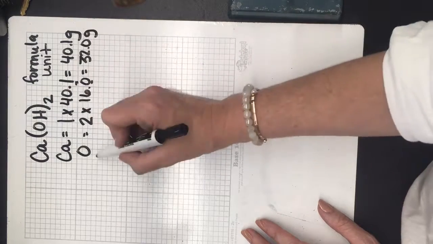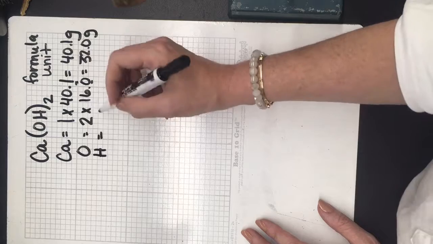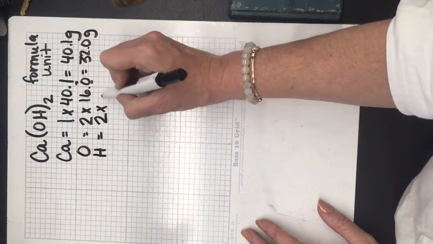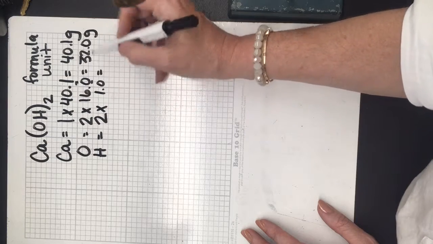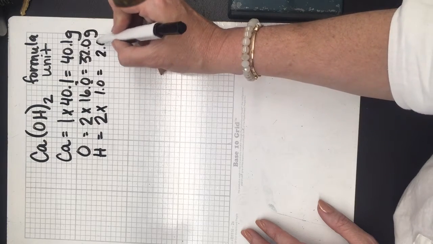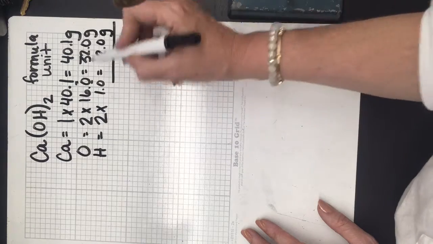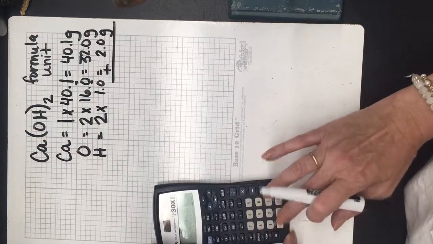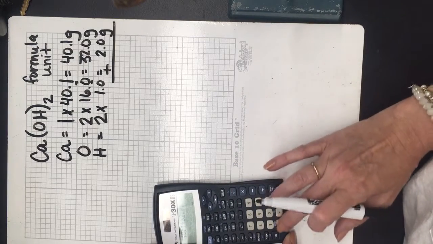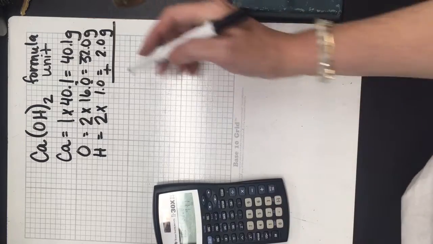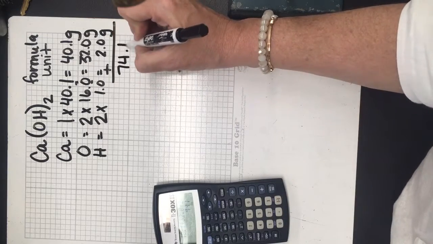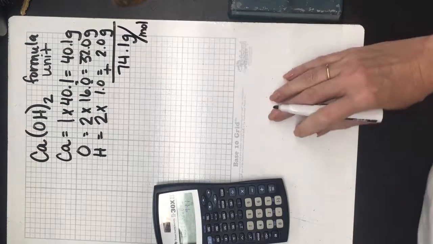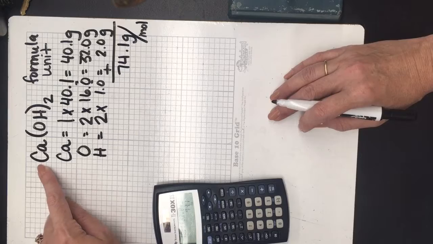We also see that we have, in calcium hydroxide, 2 atoms of hydrogen, and we're going to multiply that by 1.0 from the periodic table to get 2.0 grams. So once we add all of these together, 40.1 plus 32.0 plus 2.0, we end up with 74.1 grams per 1 mole of calcium hydroxide.